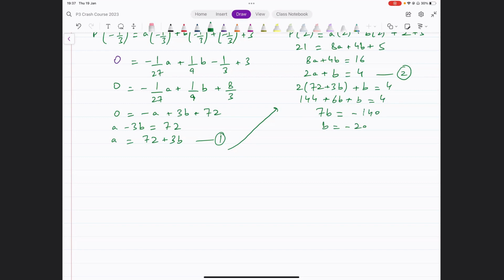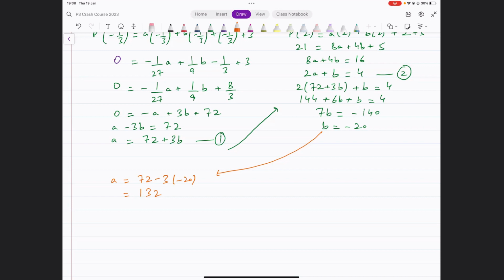Put this back in the other equation now, and that's going to give us the corresponding value for a. a equals 72 minus 3 into minus 20, and a turns out to be equal to 72 plus 60, which is 132 in this case. Sir, does that make sense? Plus 3b.